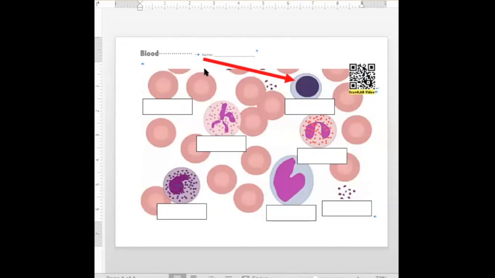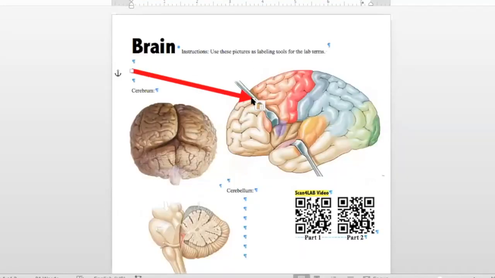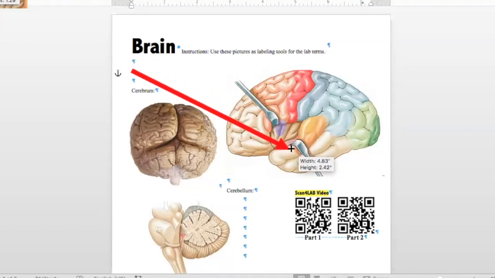Then we get to number five, brain. Here's a brain. Number five, please tell me the lobe here behind the ear that's retracted, not the deep one, the one behind the ear. That lobe, please.